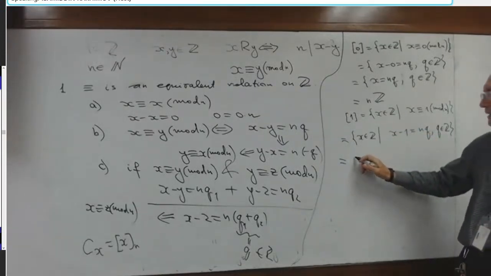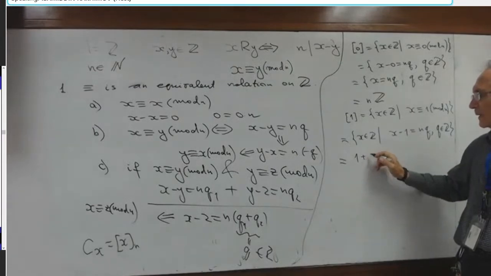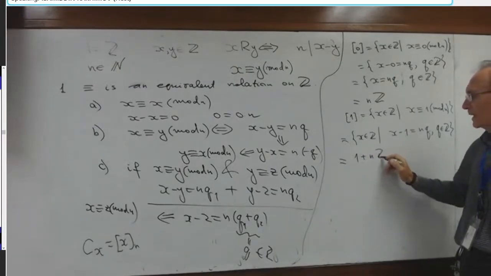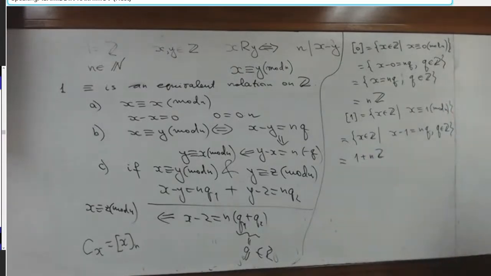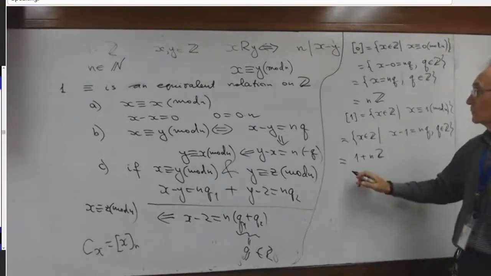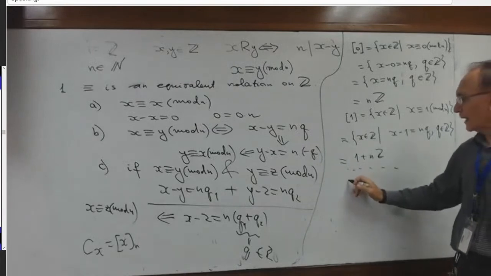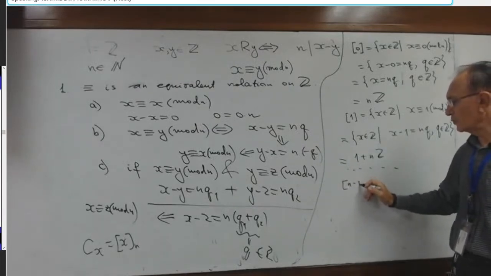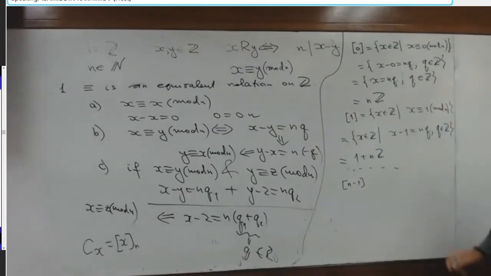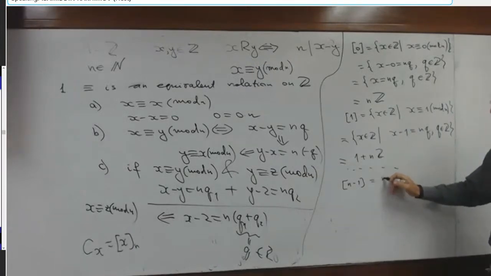So this you can write as 1 plus NZ formally, and so on. You can write until N minus 1, so N minus 1 will be N minus 1 plus NZ.